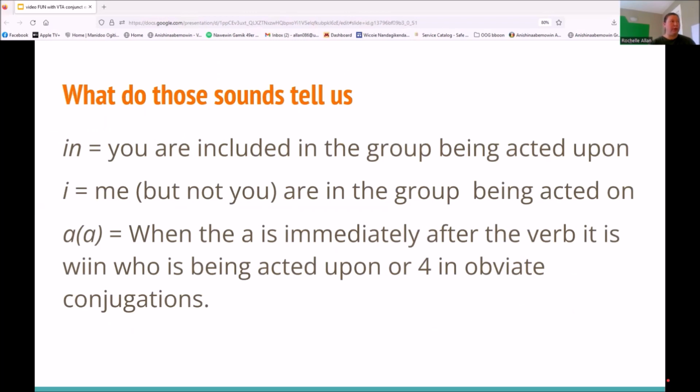One thing to look for is that the sound that comes right after the verb in these conjugations can give you a sense of what's happening right off the bat. And so there's sort of three sounds that we'll focus on today. The a, which tells you that there's action going outward, either from me or you to a third person or third person to a fourth person.